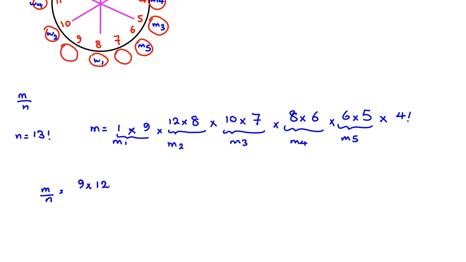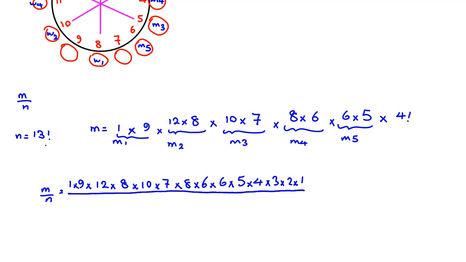And if you divide, let's divide m by n. So it will be 9 times 12 times 8 times 10 times 7 times 8 times 6 times 6 times 5 times 4 factorial. We write it as 4, 3, 2, 1. And then we divide this by 13 factorial, which is 13 times 12 times 11 times 10 times 9 times 8 times 7 times 6 times 5 times 4 times 3 times 2 times 1.